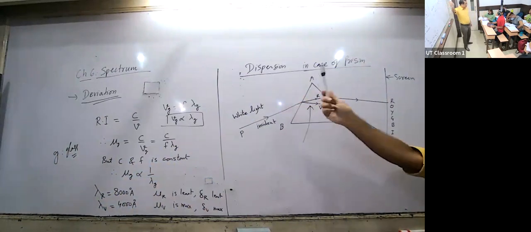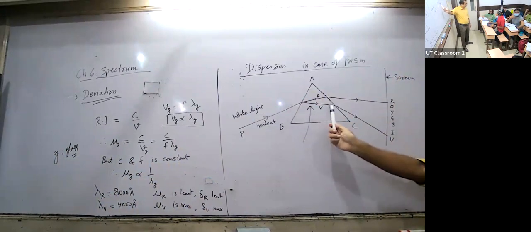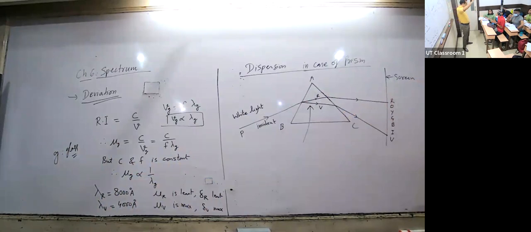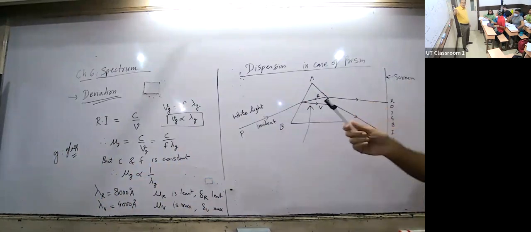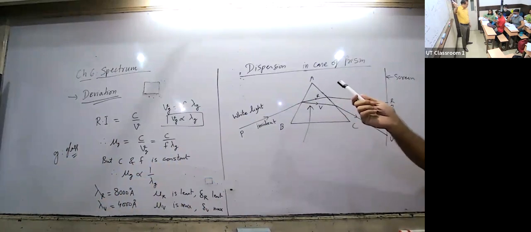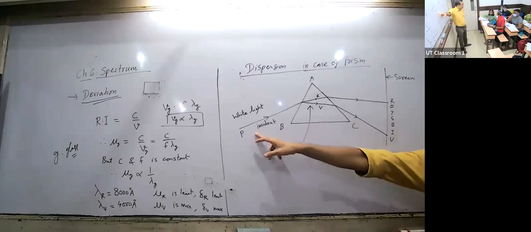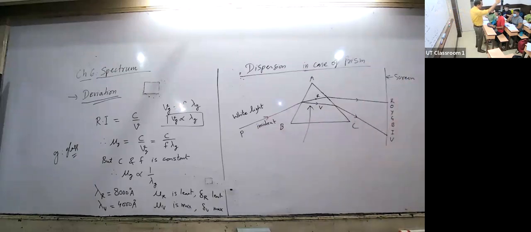So what is dispersion? That's what we are discussing. The splitting of white light inside the prism into 7 different colors is called dispersion. While the splitting is happening due to different deviations. Whatever the frequency, the white light is traveling at the speed of light outside, which is C. All component colors of white light are traveling at the same speed in air.